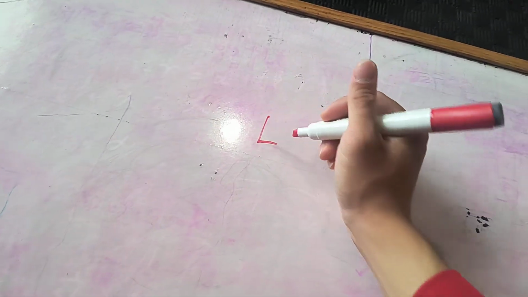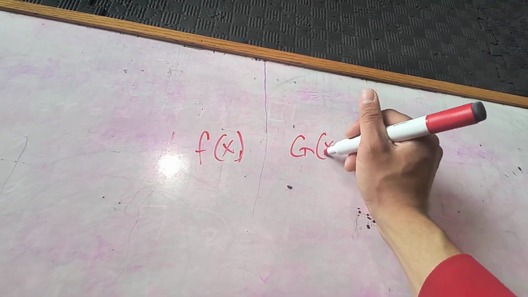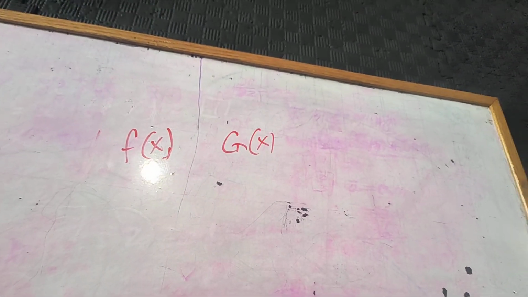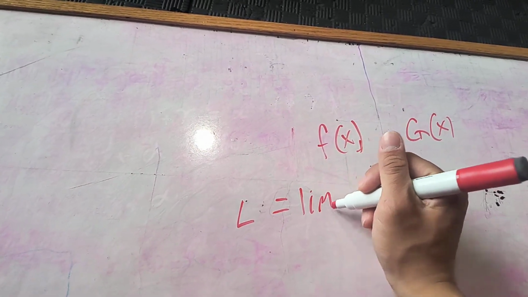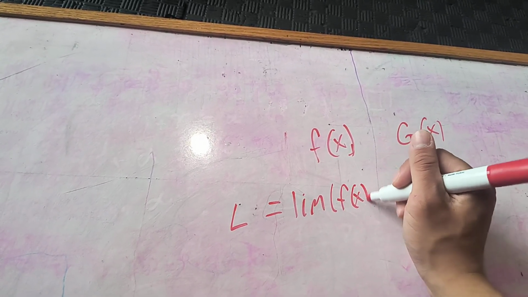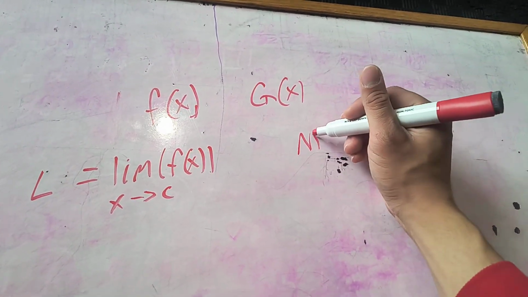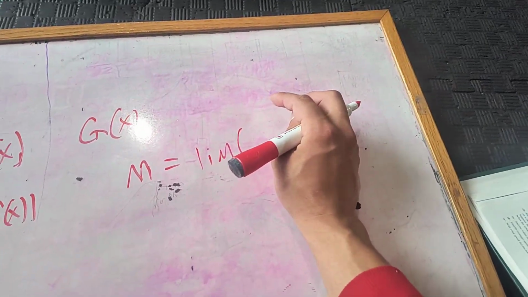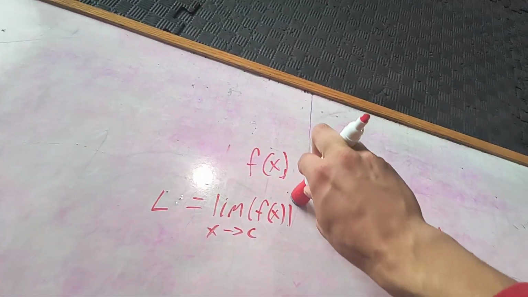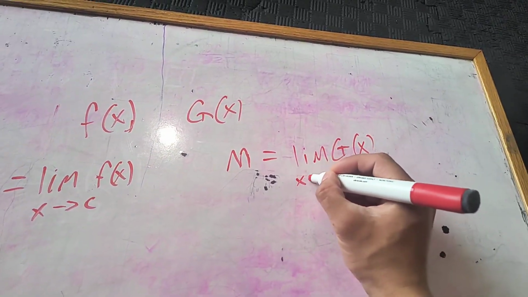Let's say that there are two functions, f of x and g of x, and L is equal to the limit of f of x as x approaches c, and m is equal to the limit of g of x as x approaches c.